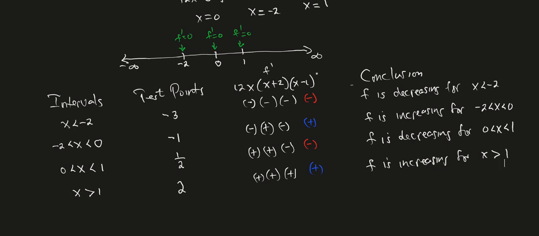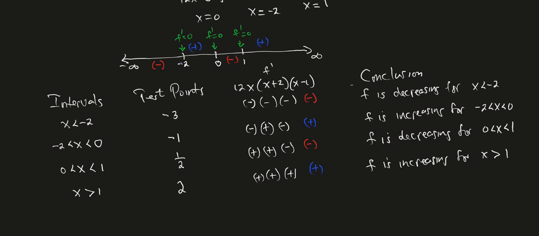So this function basically indicates this kind of sign pattern, right? Where your derivative goes from negative to positive to negative to positive.